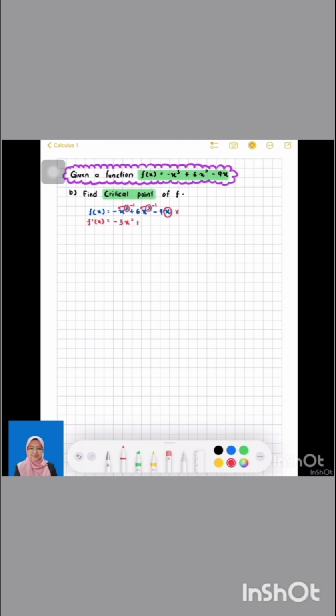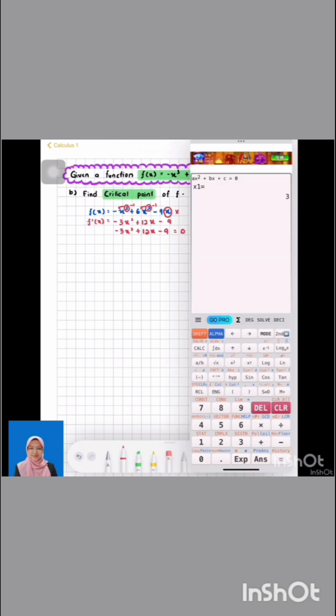So the answer is negative 3x power 2 plus 12x minus 9 after differentiation. Then f'(x) needs to be set equal to 0. So the first x we get is 3 and the second x we get is 1.